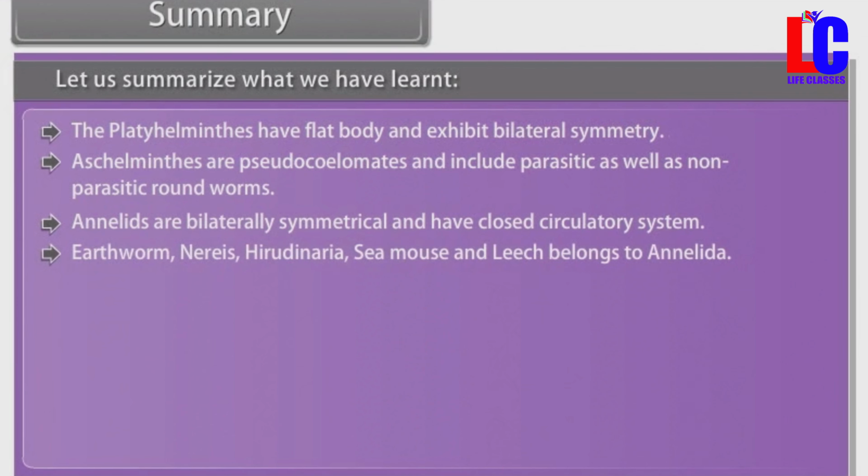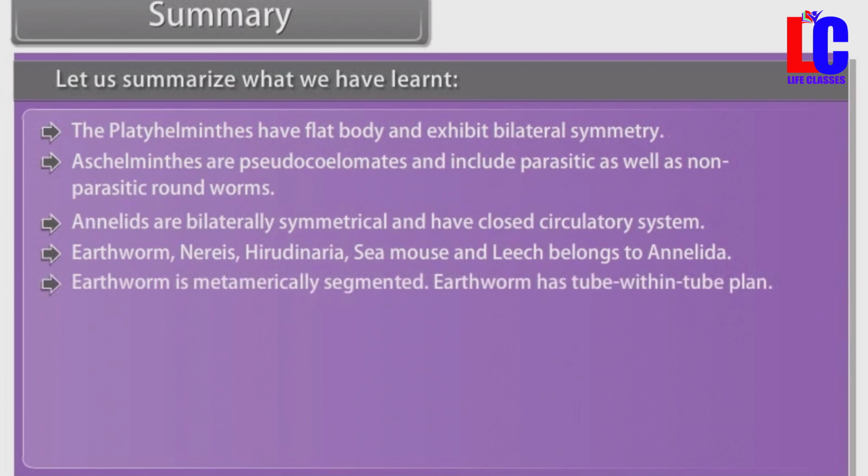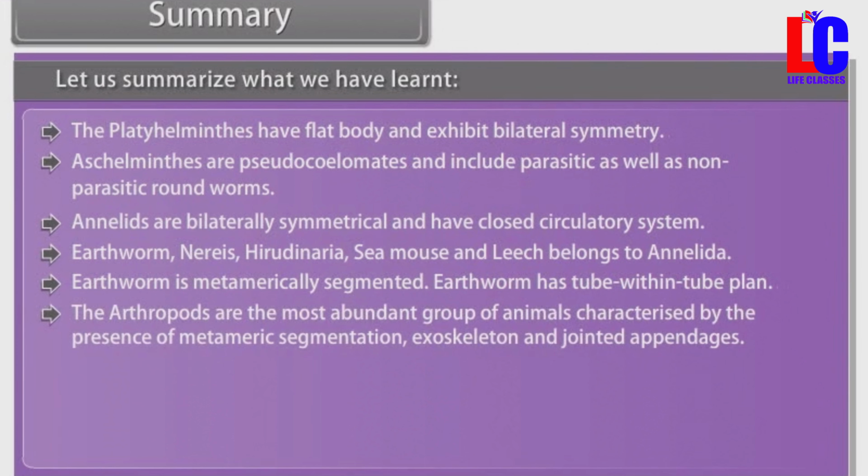Earthworms, Nereis, Hirudinaria, sea mouse and leech belong to Annelida. Earthworm is metamerically segmented. Earthworm has a tube within tube plan. The arthropods are the most abundant group of animals, characterized by the presence of metameric segmentation, exoskeleton and jointed appendages.